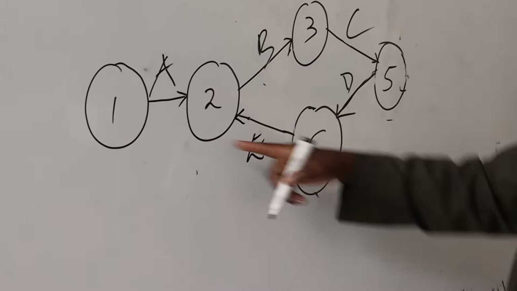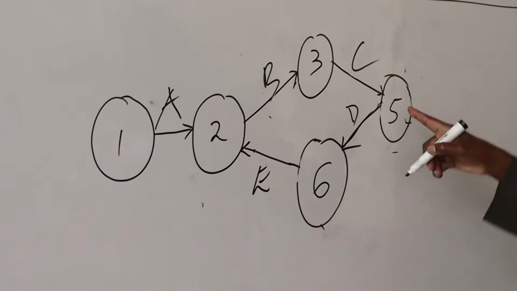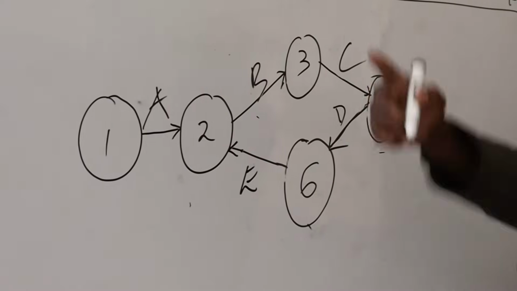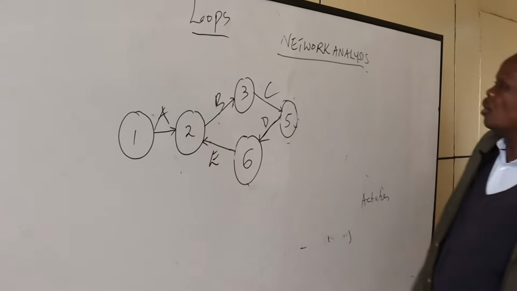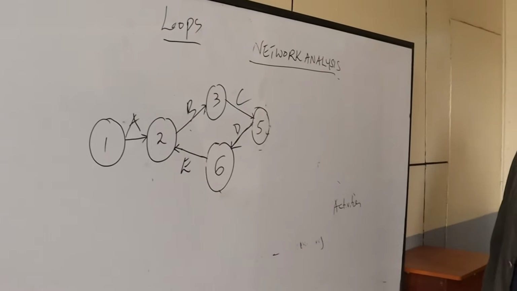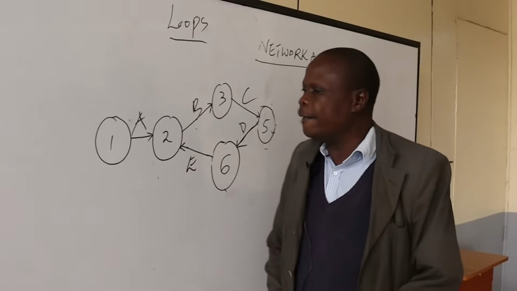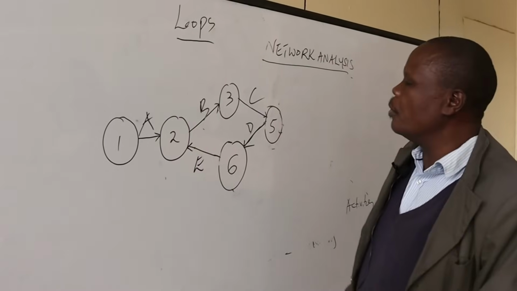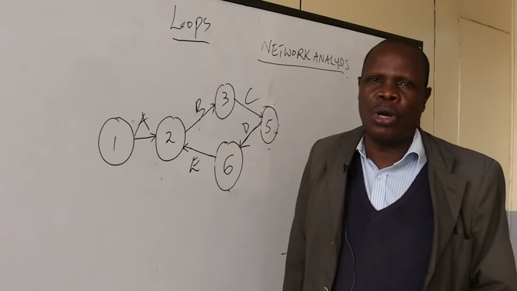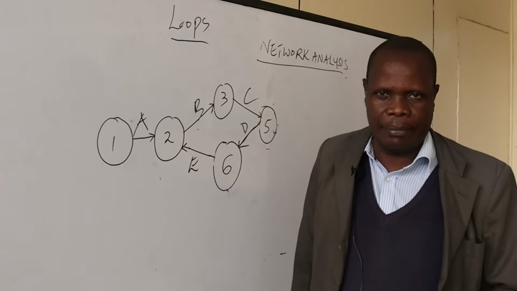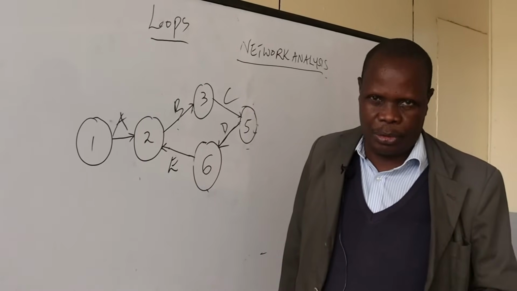So the network is drawn like this. Then when it moves back again, that is what is known as loops. Then the next thing is we must know how to construct a network diagram, using actual examples.